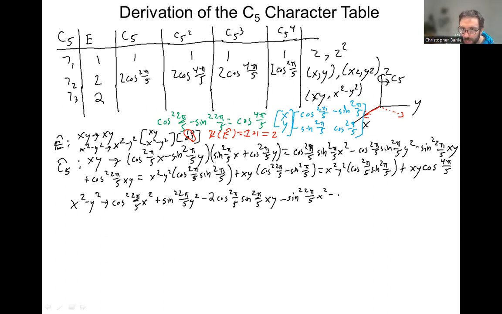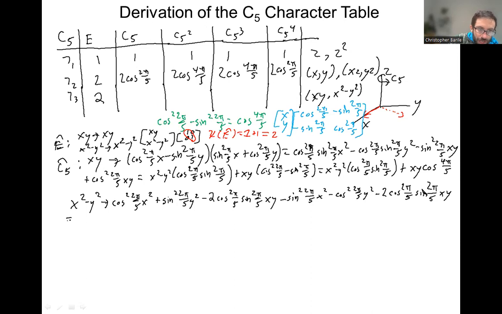And then minus, let's do the cosine term, cosine squared 2 pi over 5 y squared. And then we're going to have, again, a minus. We can't forget to minus here. Minus 2, same looking term as we had before, 2 cosine 2 pi over 5 sine 2 pi over 5. This is xy.